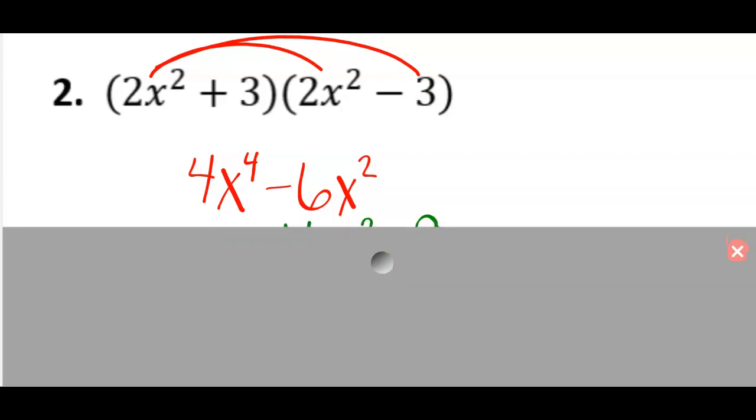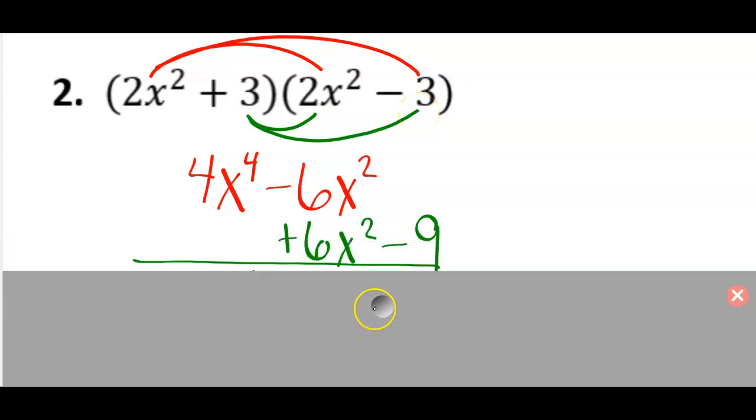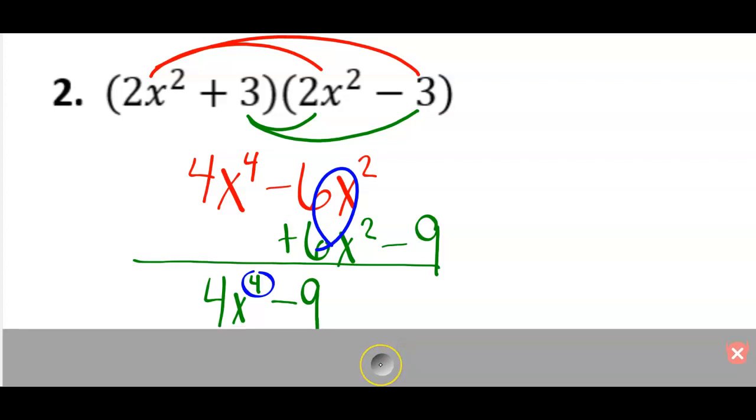Now, I'm going to do 3 times 2x squared and 3 times negative 3. And I get 6x squared minus 9. Again, this is going to zero out, right? And I've got 4x to the fourth minus 9. Excellent. So that's 4x to the fourth minus 9.